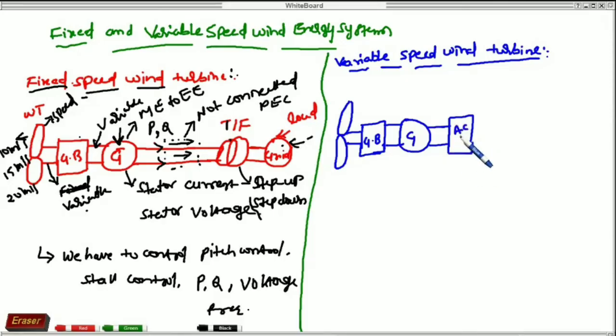It is AC to DC with the help of a DC link capacitor, and again we connect another converter, the DC to AC converter, and we connect transformers here, and the grid.